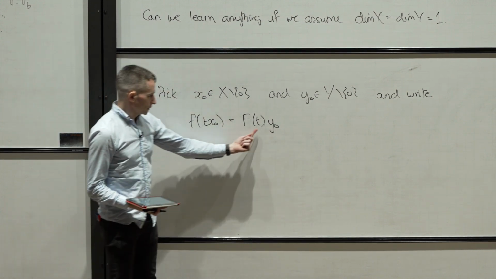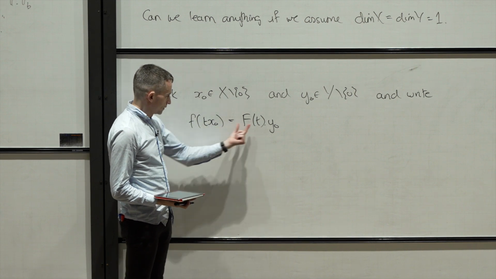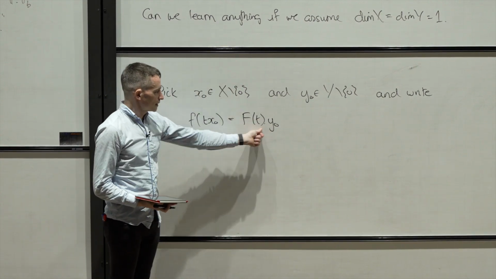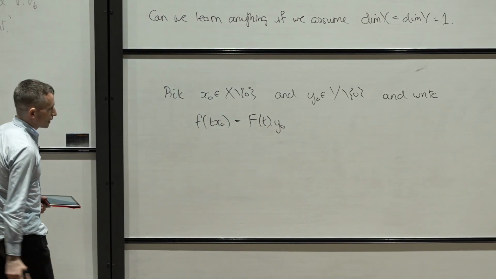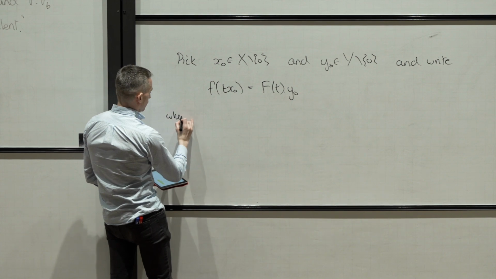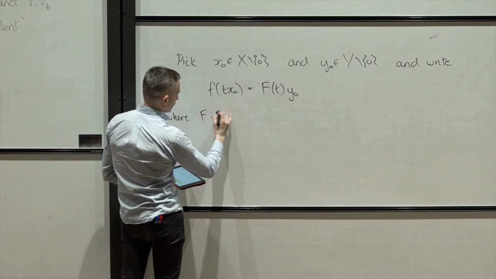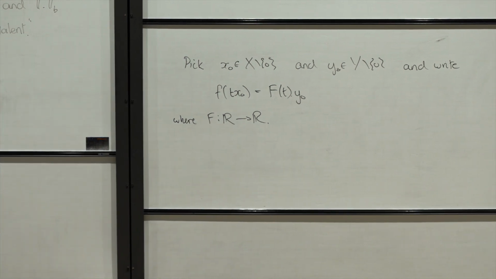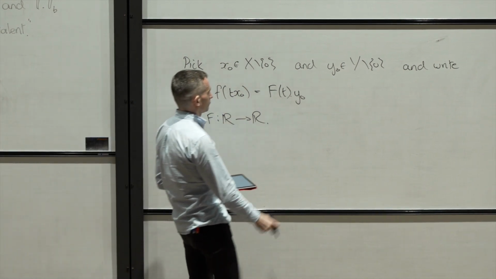So this thing has to be just a scalar times y0. So I get, just by picking coordinates, this function capital F, which is just a real valued function on the real line.